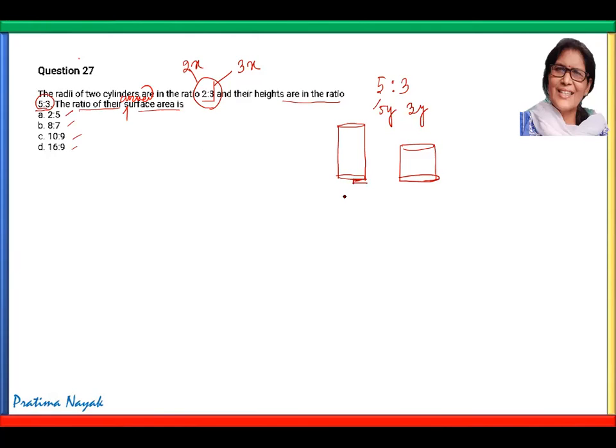So here the radius is 2x, for second the radius is 3x, and for first the height is 5y, for second the height is 3y. You have to write the curved surface area and take the ratio. So curved surface area of first cylinder is equal to 2 pi r, r is 2x and h is equal to 5y.